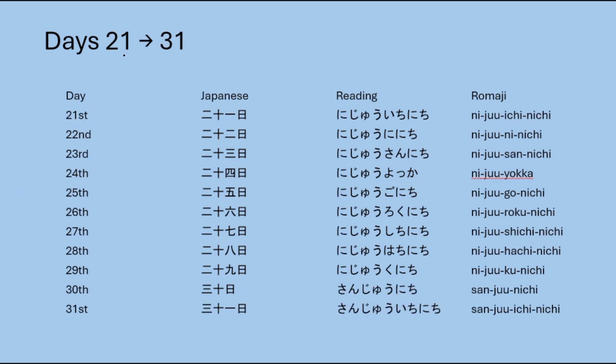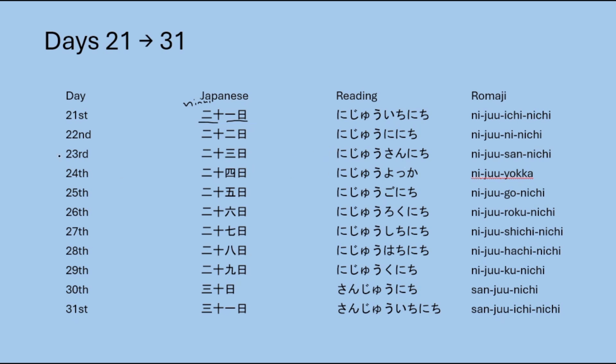Now, let's practice the days from 21 to 31. 21 is Nijuichi Nichi. This is called Niju in kanji and then Ichi Nichi. Niju ni Nichi. Niju san Nichi. Niju Yokka.